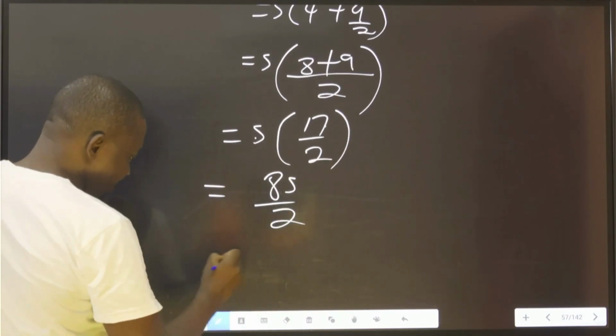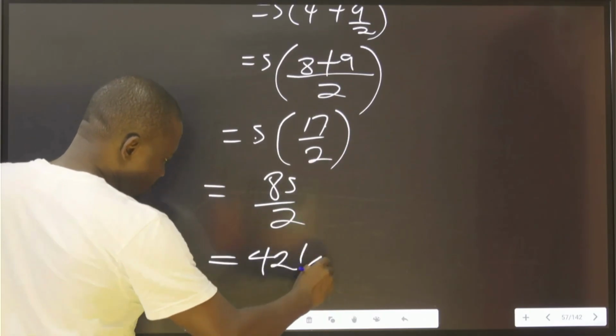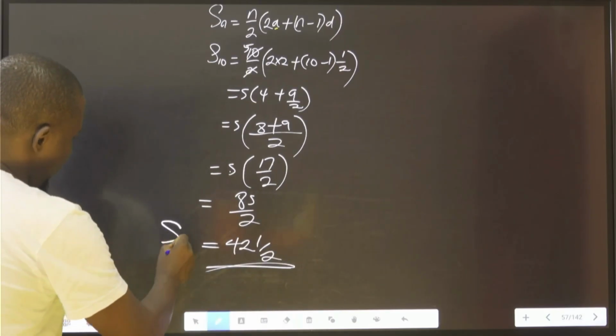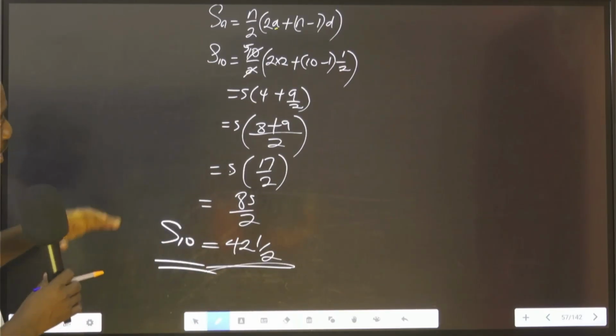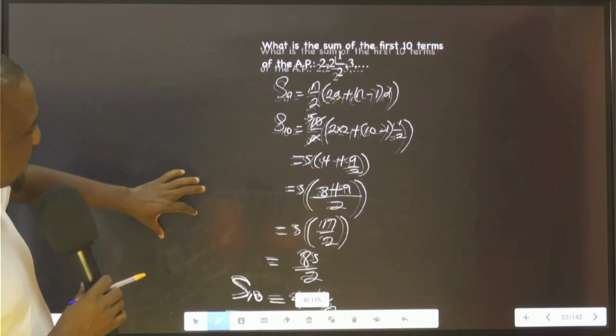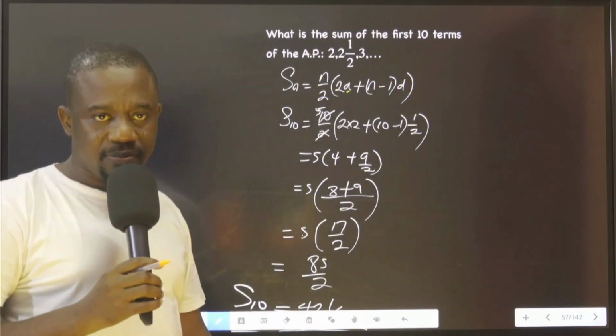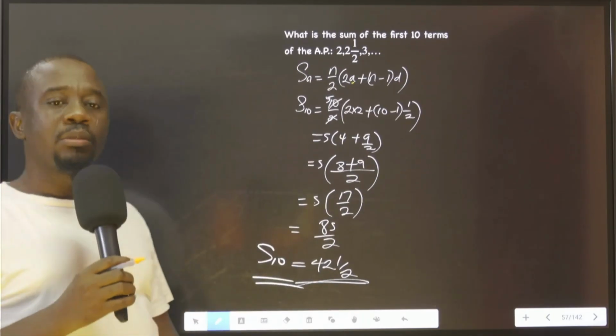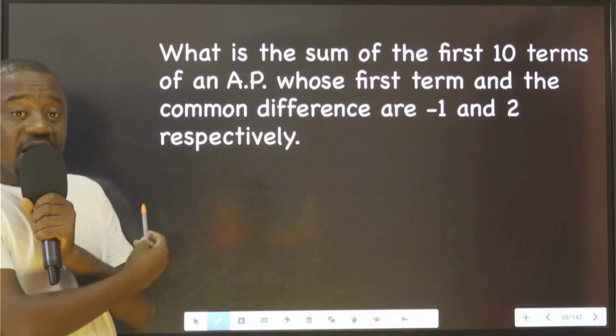You agree with me? This is what? 42 and 1 over 2. So this is the final answer for what? For the sum of the first 10 terms. Okay? Hope this is understood. Thank you for viewing. Let's look at this.